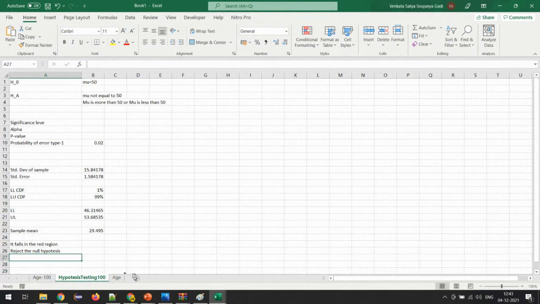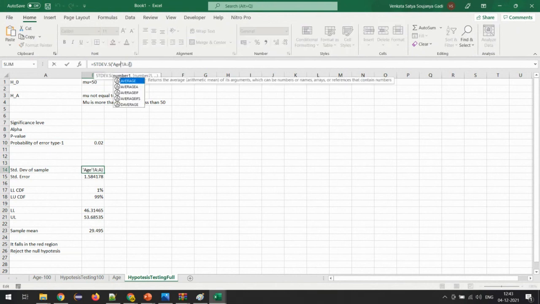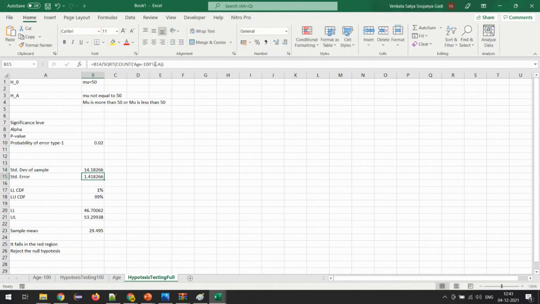So it is hypothesis testing, let us say full hypothesis testing. So what we do is keep the same here, I just remove the part of 100. Here remove 100.